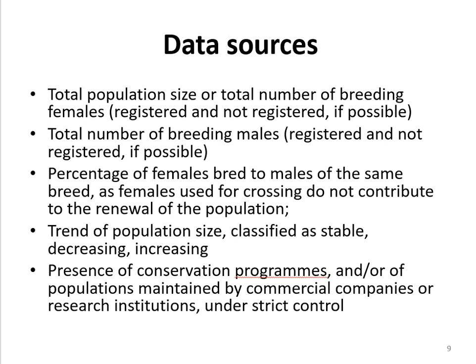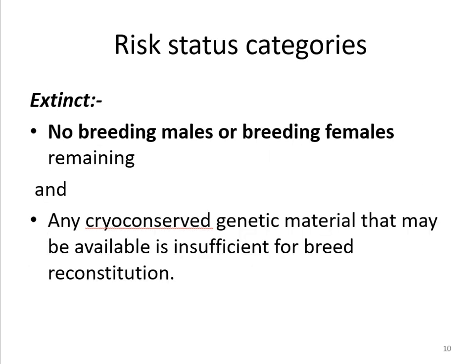And we can get a trend of population size classified as stable, decreasing or increasing, which we talked about in the first slide. And presence of a conservation program and or population maintained by commercial companies or institutions under strict control. So these kinds of data we need to determine the risk status of any breed.